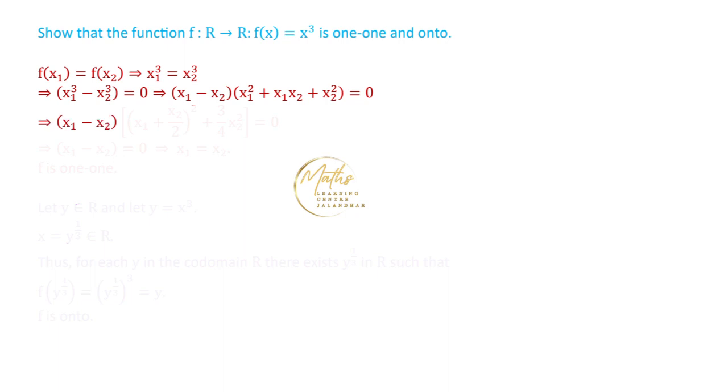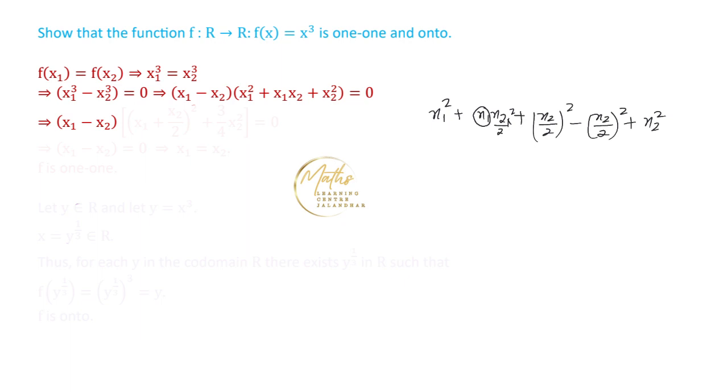The second term we can write in the form x1 square plus x1 x2, and we are adding to it another term, x2 by 2 whole square, and x2 by 2 whole square we are subtracting, and we are having x2 square over here.